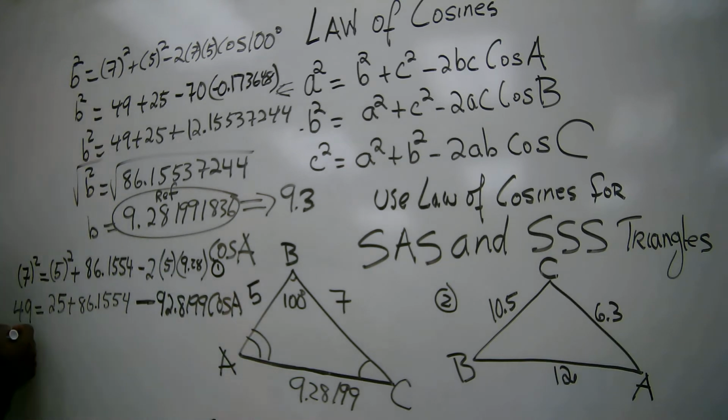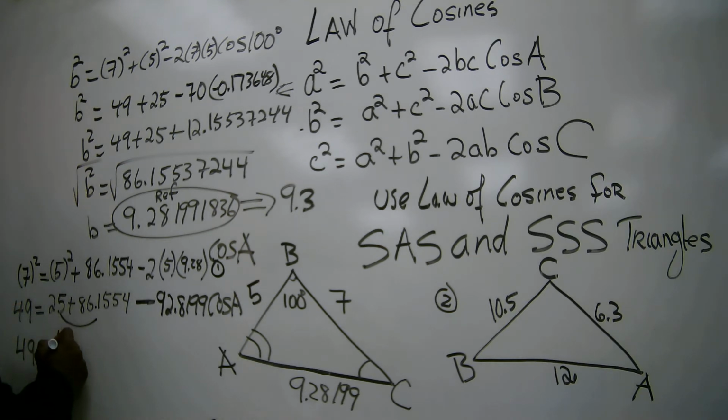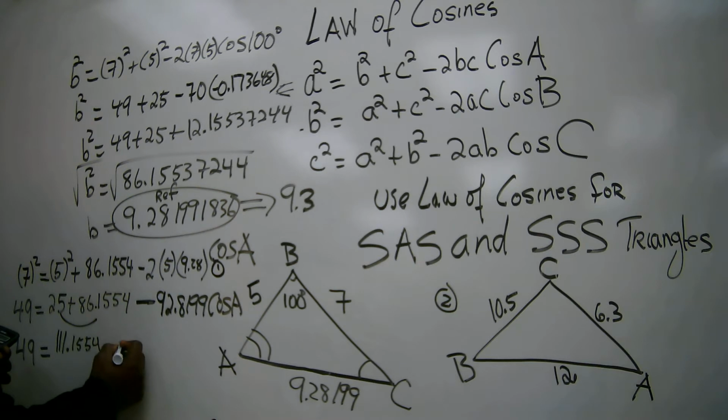Alright, be careful. This is going to give you 49, and you're going to add those two numbers. That will be 25 plus 86.1554. That's going to give me 111.1554 minus.